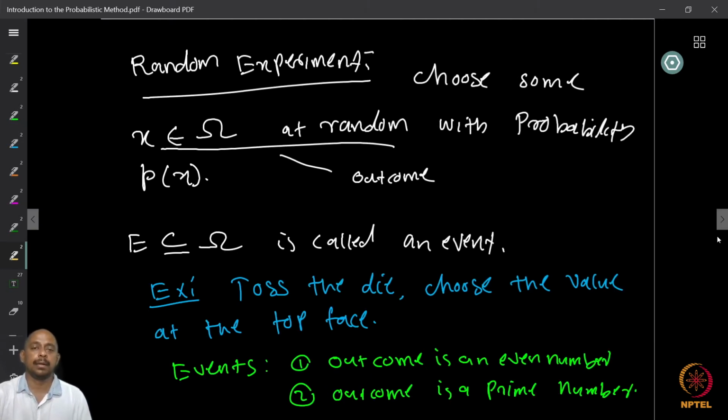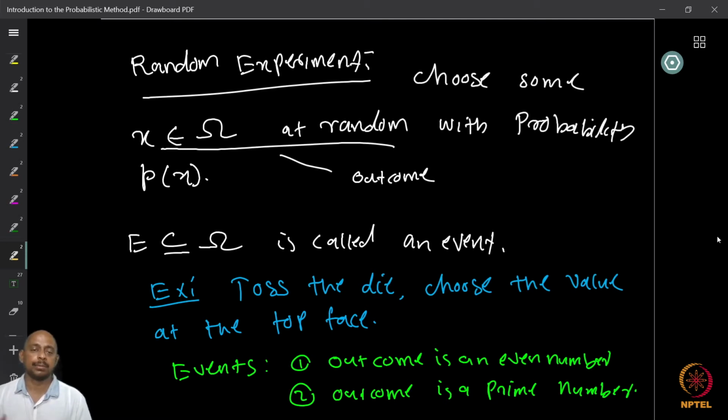Now the tossing of the dice, or other things like this, which defines the probability, is called a random experiment. A random experiment is basically choosing some element of omega at random with the probability p of x.